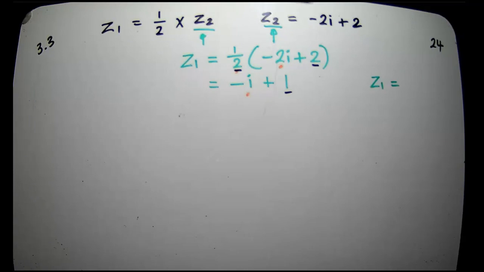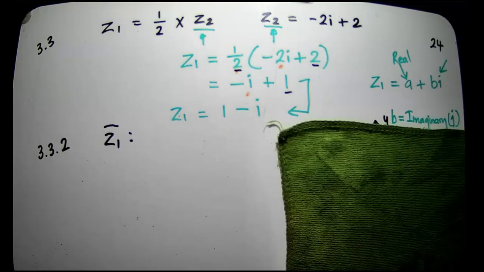Right, now z1 is equal to a plus bi. That's the standard form. So now I need to arrange that so that the i is at the back. Okay, so rearranging that, I'll get positive 1, and there's minus i. The next question wants you to calculate, or determine rather, the conjugate.